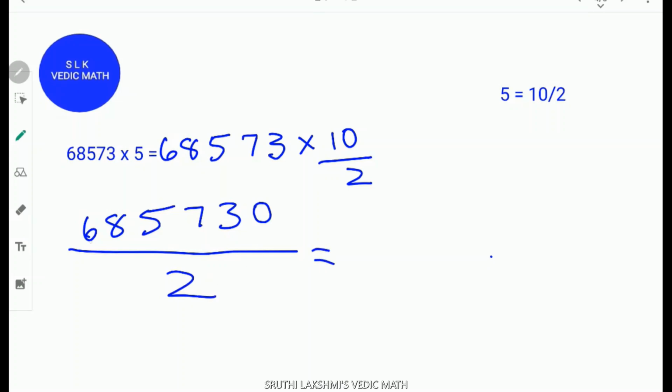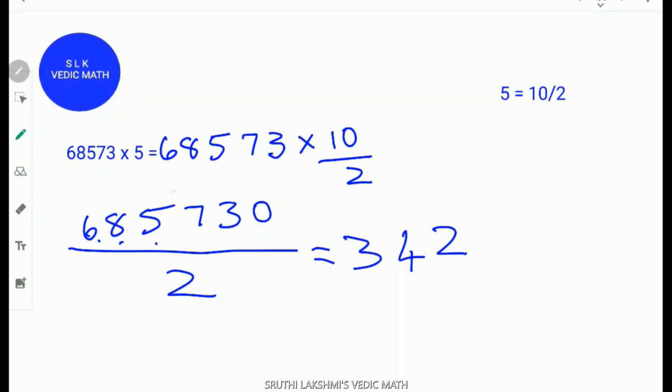So 3 times 2 is 6. 4 times 2 is 8. So the 2 times 2 is 4. So write down the 2 and carry the 1. Now it's 17. So 2 times 8 is 16. So write down the 8 and carry the 1.